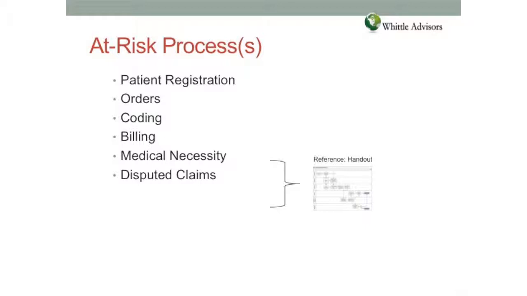Definitely coding will be impacted in billing. Medical necessity is the handout I have in my hand, and then disputed claims. So the last time we were together, I asked the participants, what type of sample process flow do you want to see? And you told me medical necessity. So let's take a look at the handout.